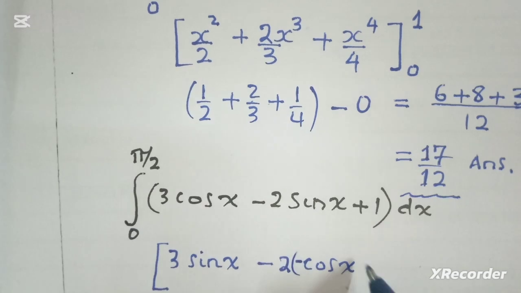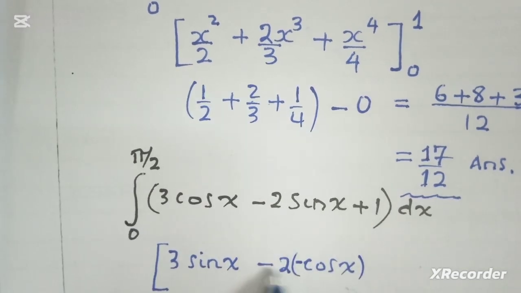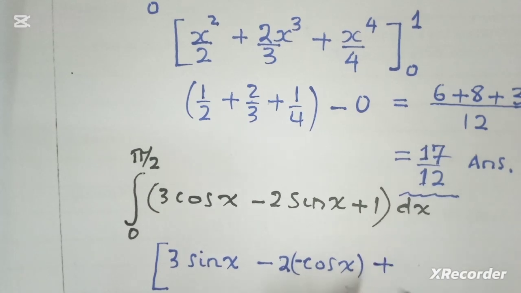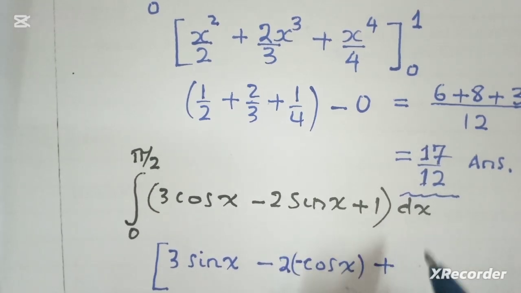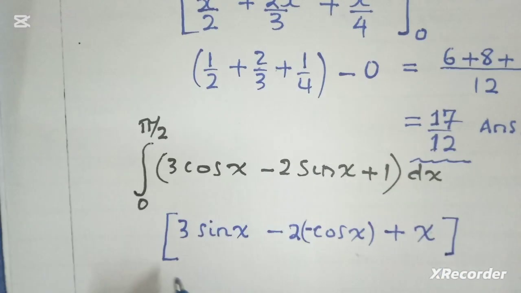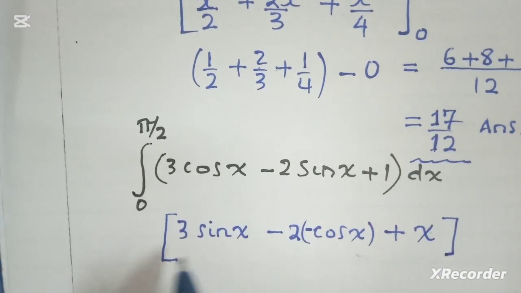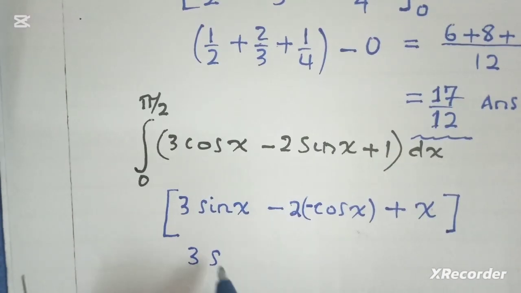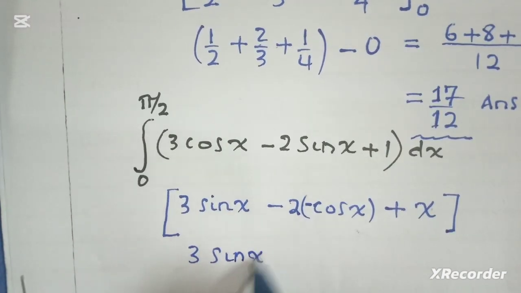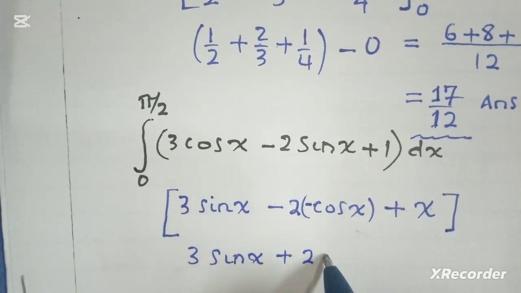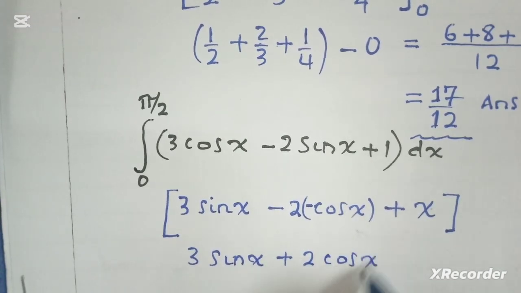So now this is going to turn to plus. Then plus, integrate 1, then you get x like that. So this is what we get: 3 sine x plus 2 cos x plus x.